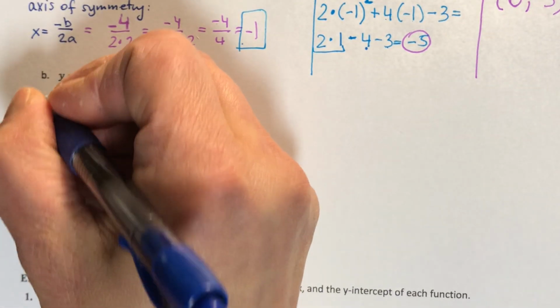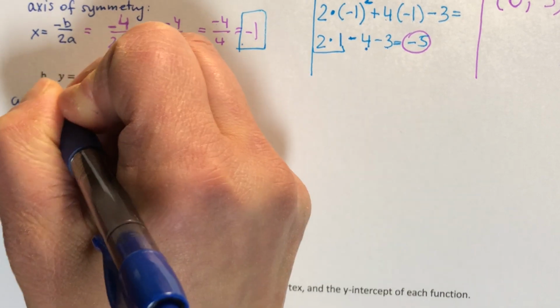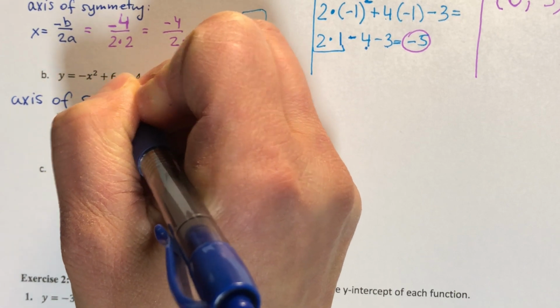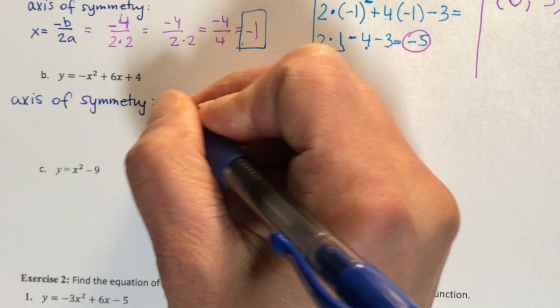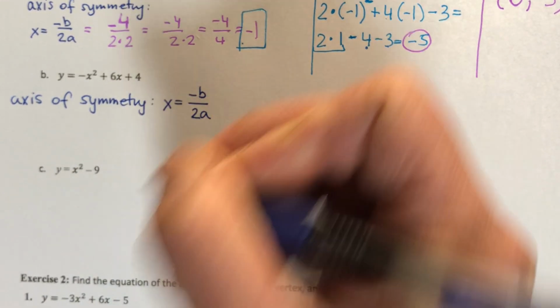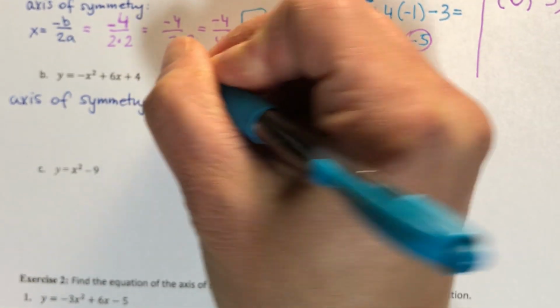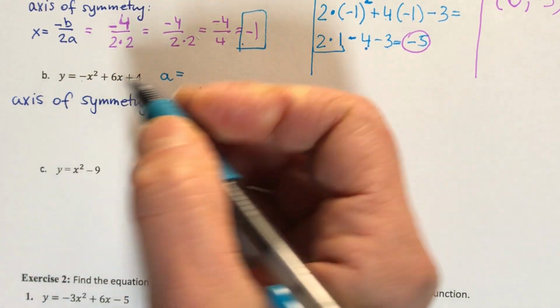All right, so again, we are going to start with axis of symmetry. Again, there's a formula. x is equivalent to -b/2a. So again, I want to encourage you, take a second and list what a is. Notice there's no number. We know that that's 1, but there's a negative sign.